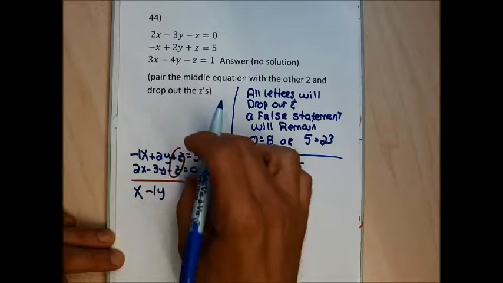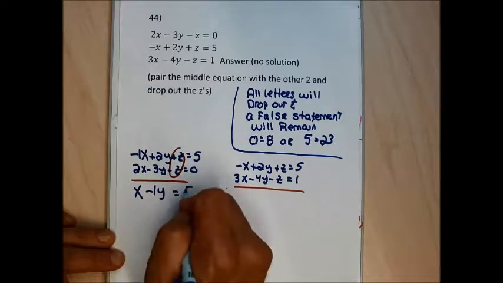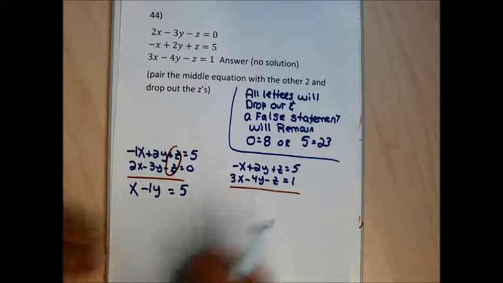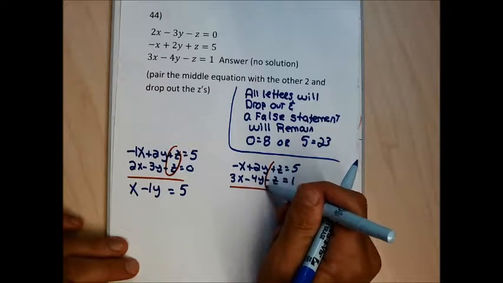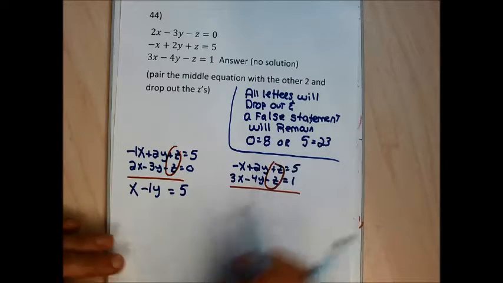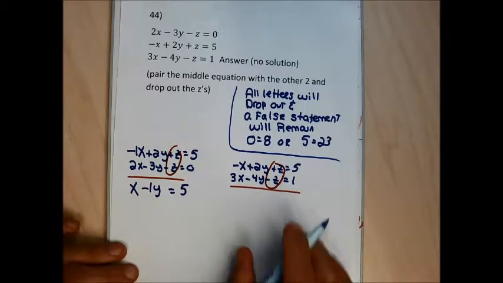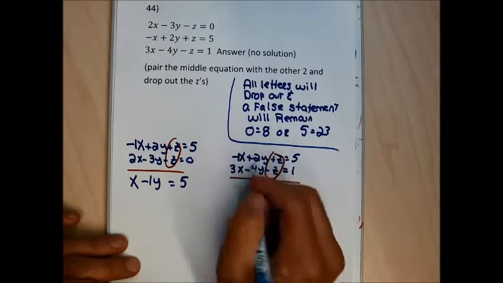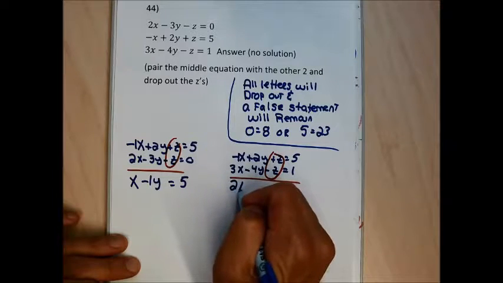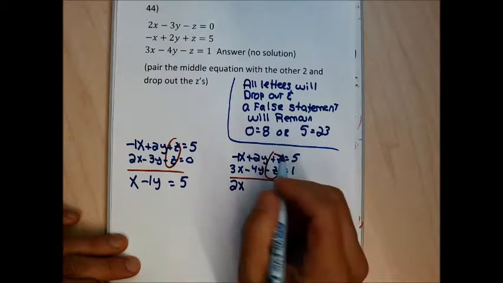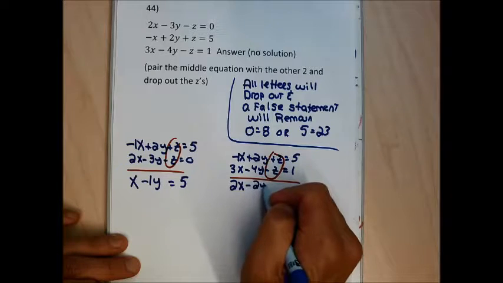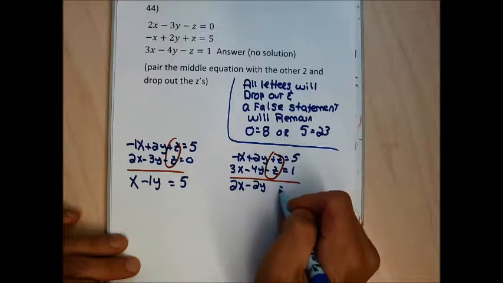Z's cancel. 5 plus 0 is 5. Second set, z's are ready to cancel out because they have the same number, 1, with opposite signs in front of them. So just add them together, the z's will drop out. Negative 1x plus 3x is positive 2x. 2y minus 4y is negative 2y. Z's cancel. 5 plus 1 is 6.